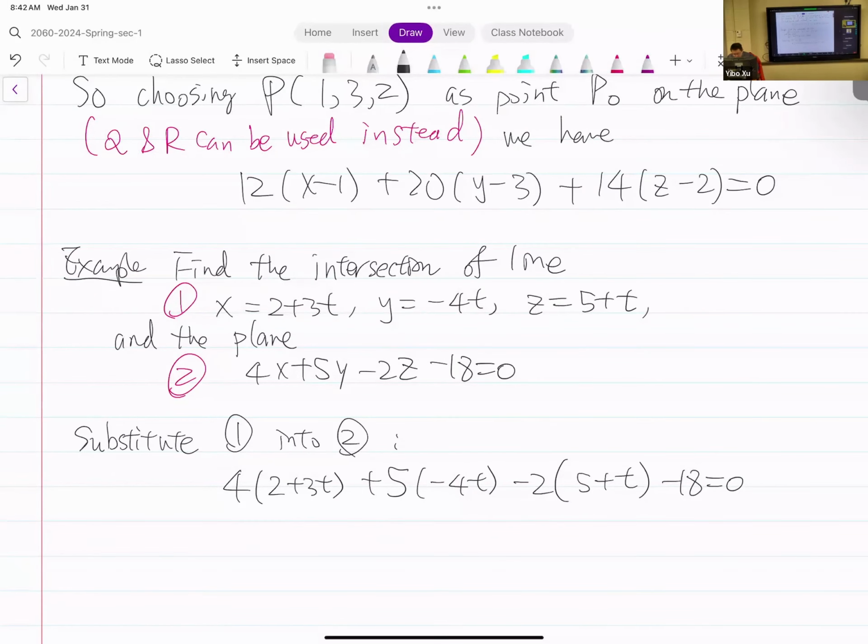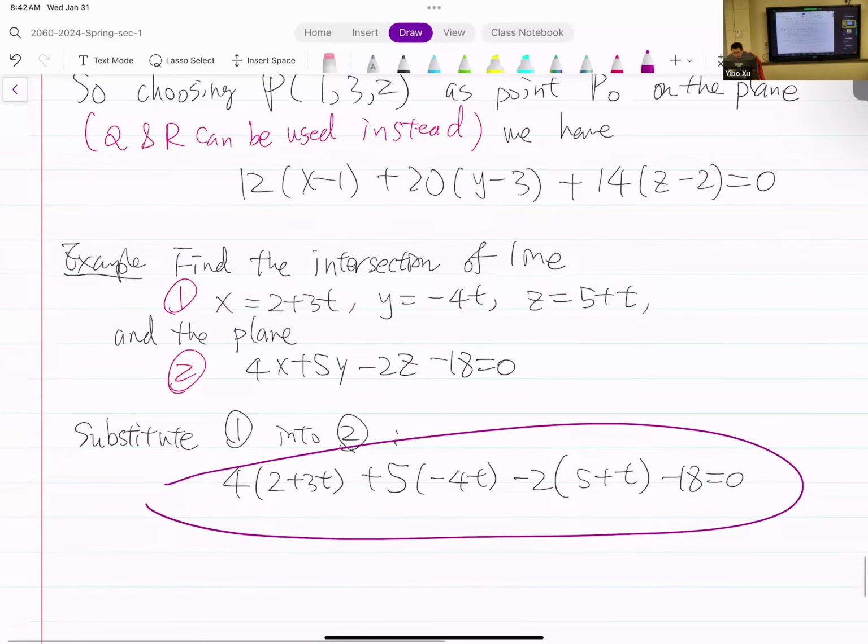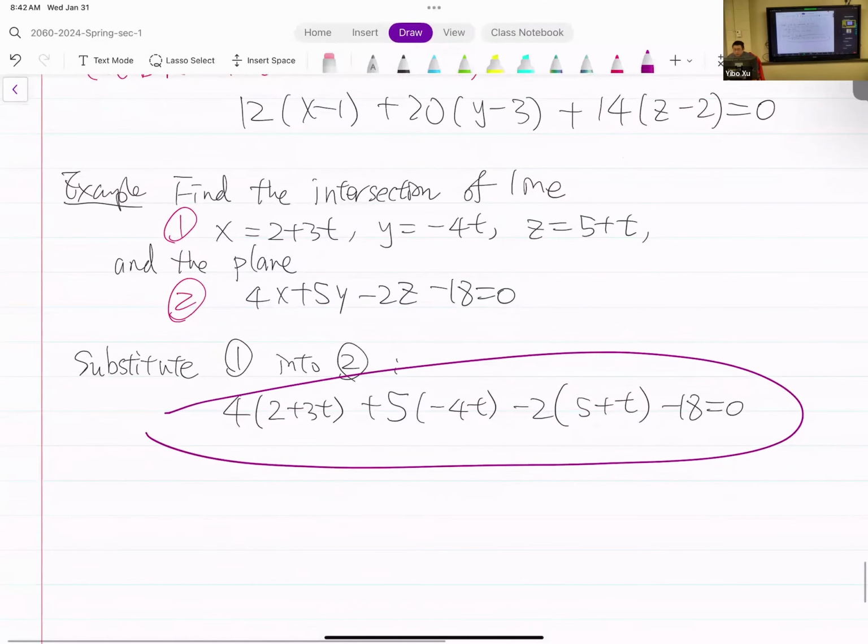Okay, and actually there are a few possibilities when we get to this equation. It's possible that you can simplify and solve for one value of t, right? That means you have one intersection. But if this equation always holds, so everything cancels out and you have 0 equal to 0, that tells you this line actually has infinitely many intersections.